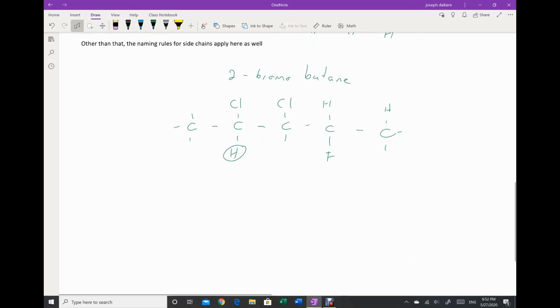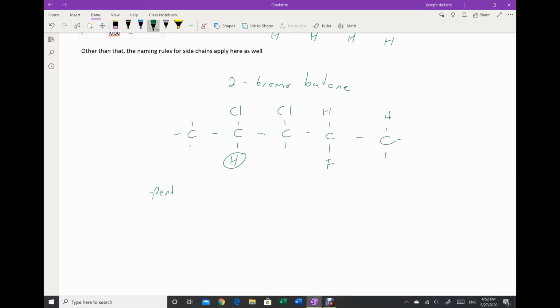So here I've got a pentane. And it doesn't make any difference if I go from the left to the right, so I'm going to go from the left to get the lowest numbers for the 2 chloros. So I'm going to get 2,3-dichloro-4-fluoropentane.